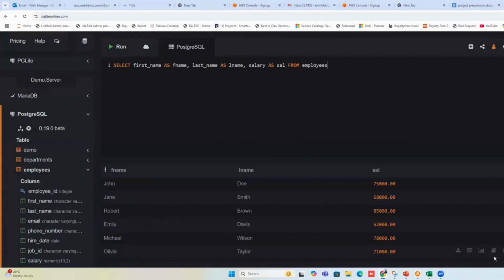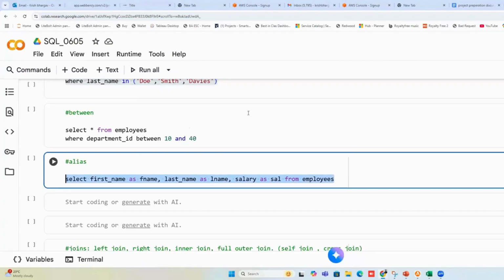So next time when you do select star from employees, it will not be F name, L name, and sal. It will be first name, last name, and salary. It's created only temporarily, only for that query during the execution of the query. That's all.